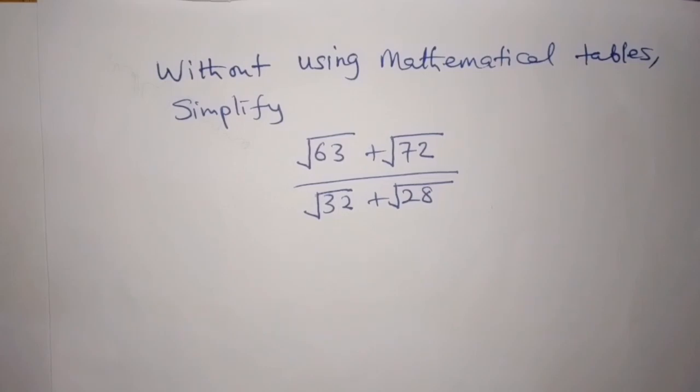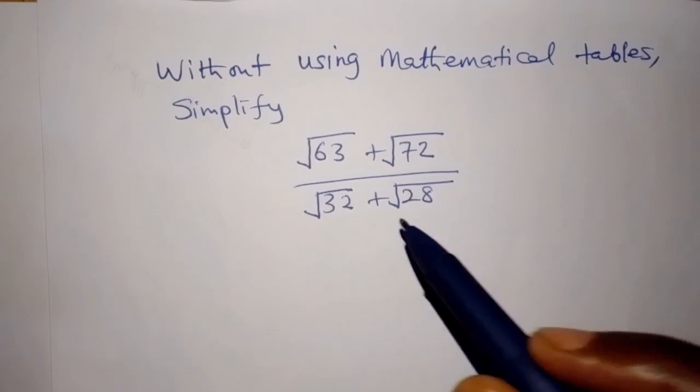Without using mathematical tables, simplify (square root of 63 plus square root of 72) over (square root of 32 plus square root of 28). We rationalize the denominator by multiplying with the conjugate, that is square root of 32 minus square root of 28, both denominator and numerator.